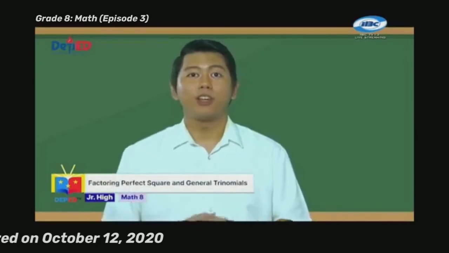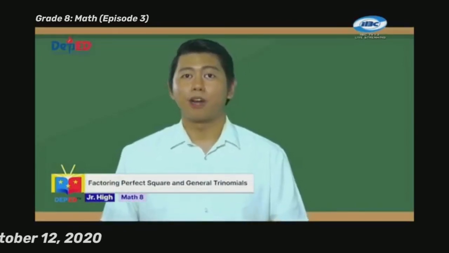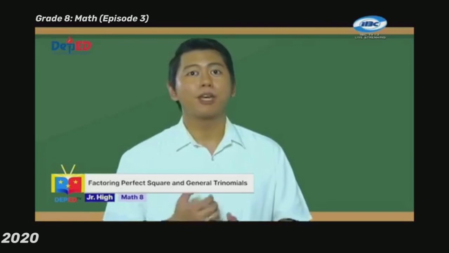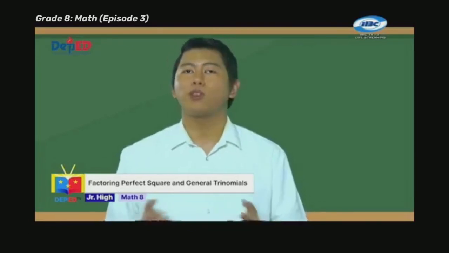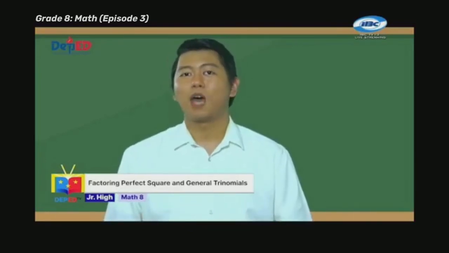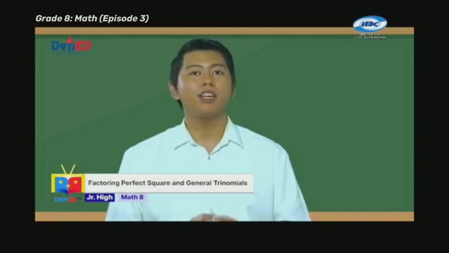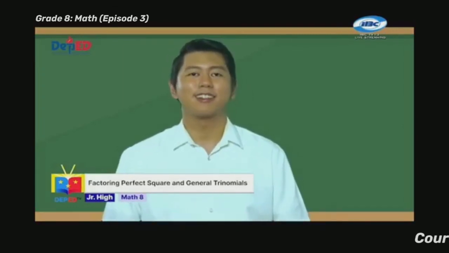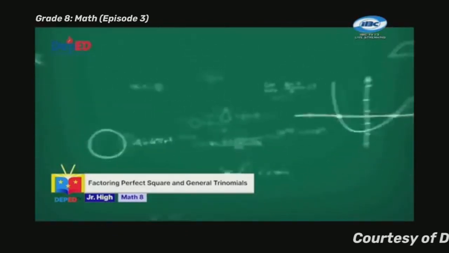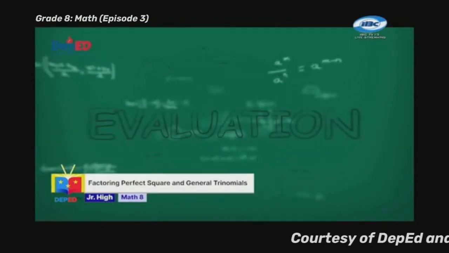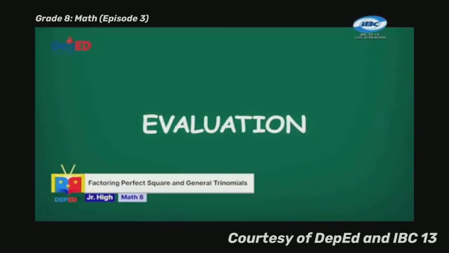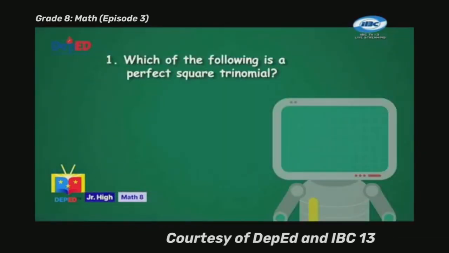And now that we are near the end of our lesson, prepare your pens and your paper because it is important to evaluate what you have learned. I will give you 5 seconds to answer each question and choose the letter of the correct answer. Question number 1.